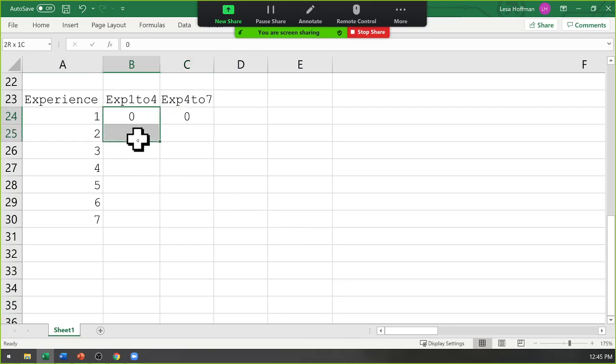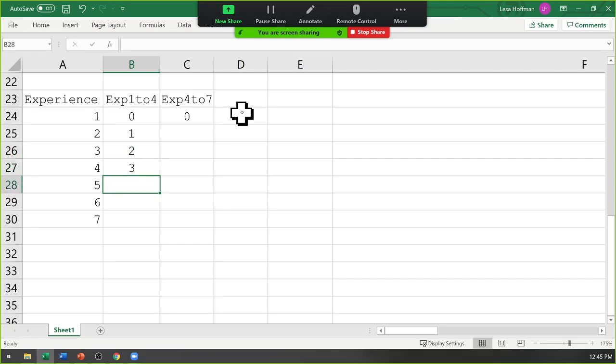Now the second step, I need to build a slope that tracks the change in experience moving from 1 to 2 to 3 to 4. So if I've just coded experience level 1 as my 0 point, relative to experience level 1, how much more is experience level 2? 1. How much more is experience level 3 than experience level 1? 2.